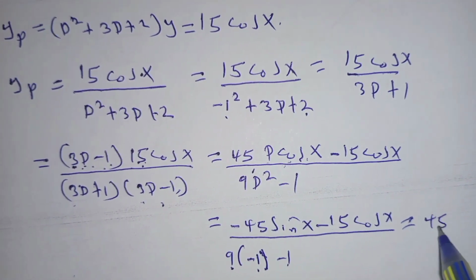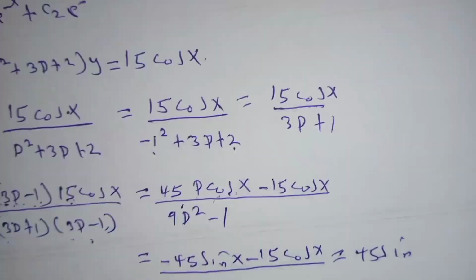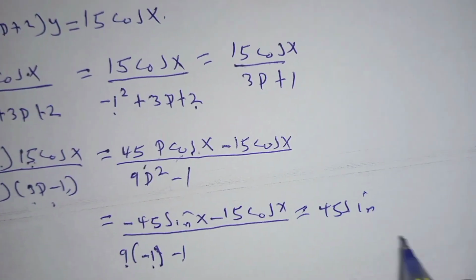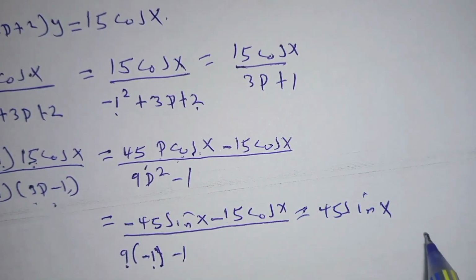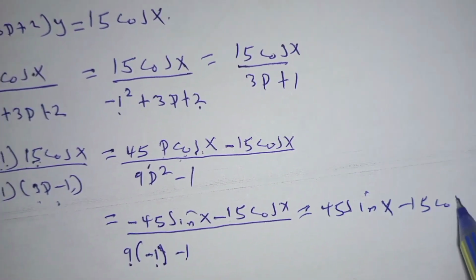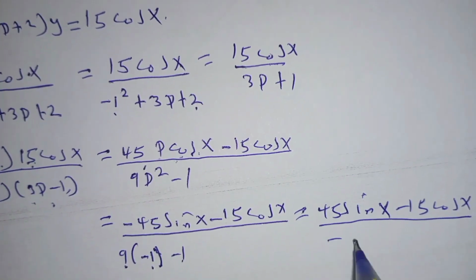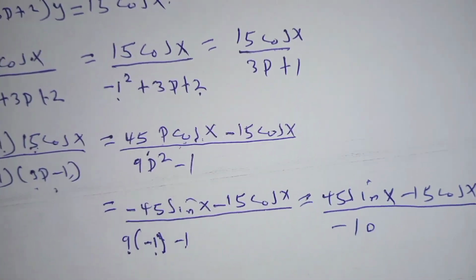So you have -45 sine of x minus 15 cos of x divided by negative 10. So that is what we have.